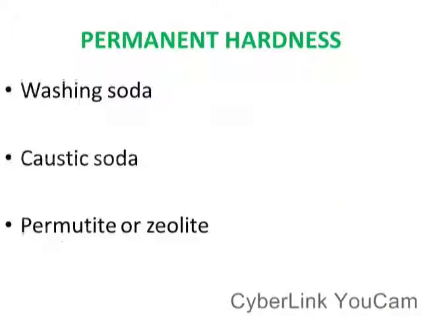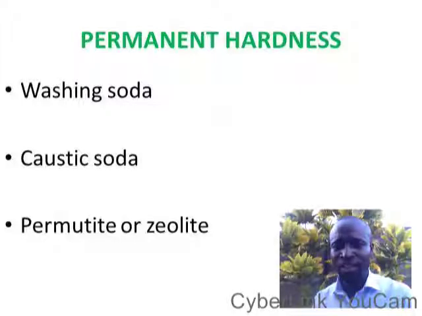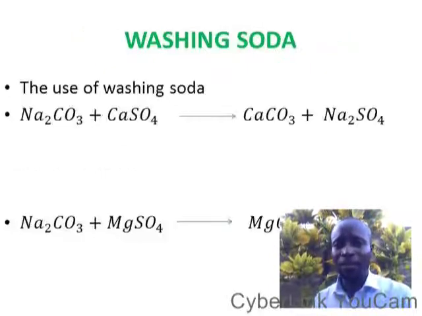These chemicals include washing soda, caustic soda, and zeolite. Now look at washing soda. Using washing soda to remove permanent hard water. If this is present in water, the water becomes permanently hard and it can be removed when you add washing soda.